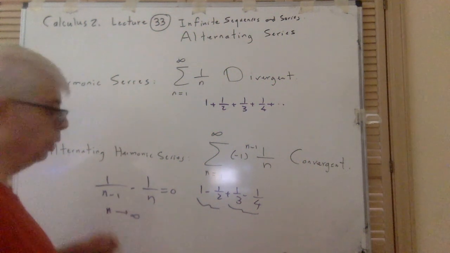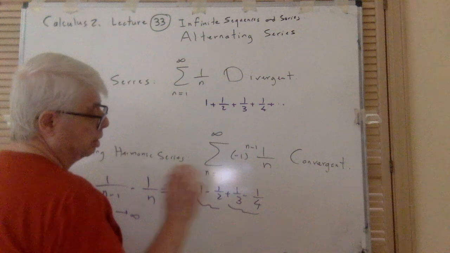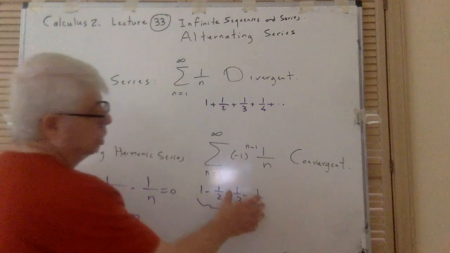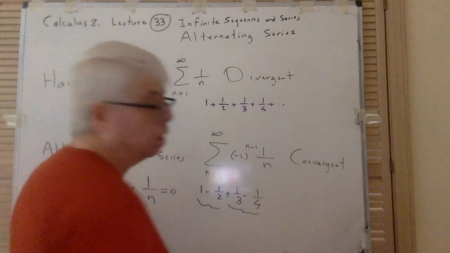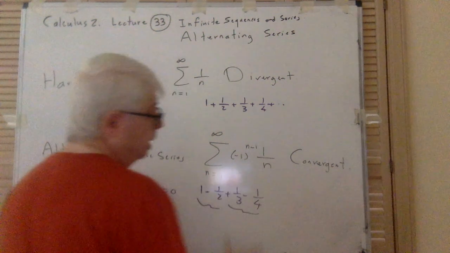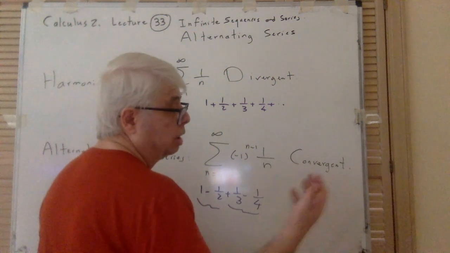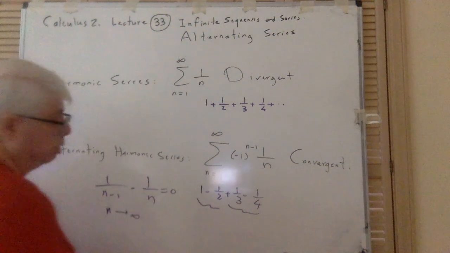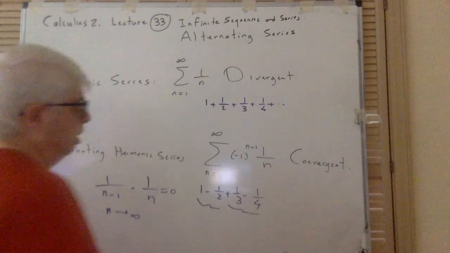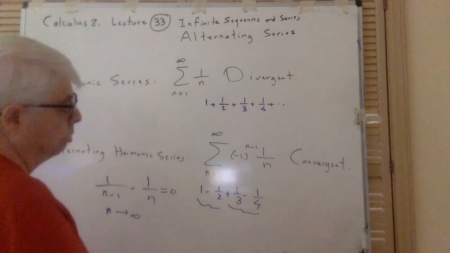So each two consecutive terms at some point just cancel each other. What we are adding to the partial sum Sn is a small number that gets smaller and smaller, so small that it basically vanishes. That's the big difference: this is all adding, this is add, subtract, add, subtract, and so on.